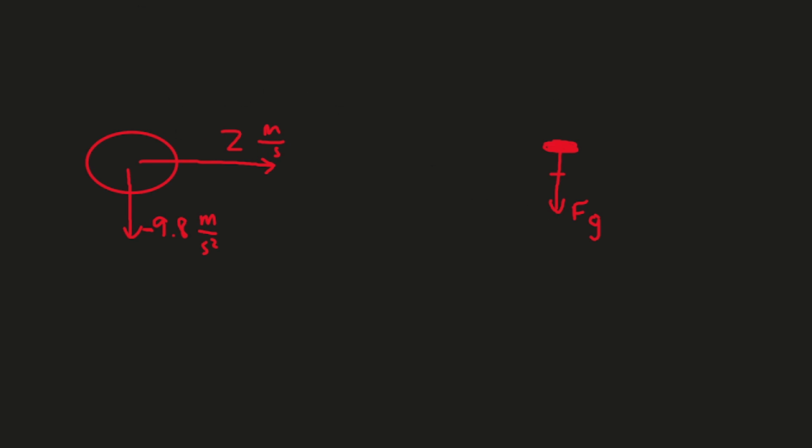And since it's a constant velocity horizontally, we know that the forces in the horizontal direction are equal, or there's no horizontal forces at all, which in this case there are none.